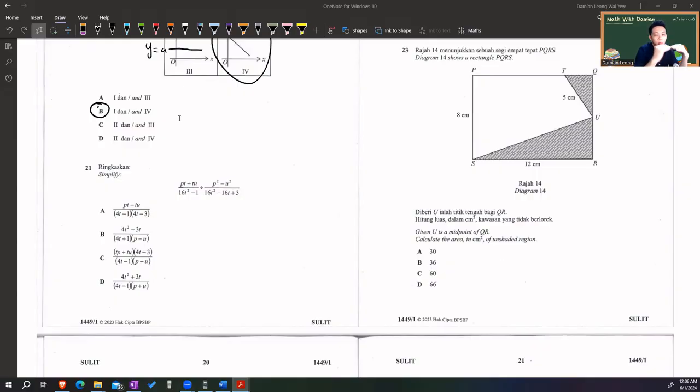So the top part and bottom part, if there are any parts of it where I factorize and it's the same, that I can cut when it's multiplication of algebraic fraction. So I change to multiplication, divide change to multiply, bagi tukar kepada darab.